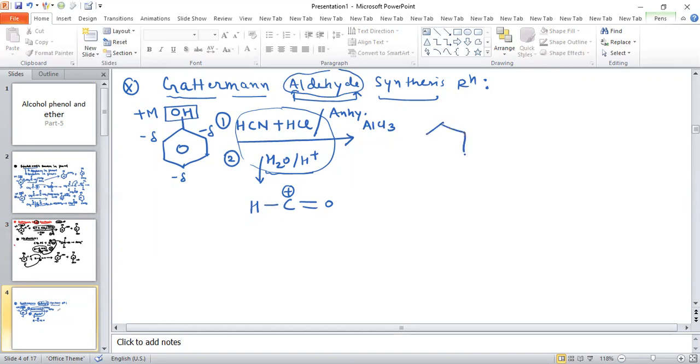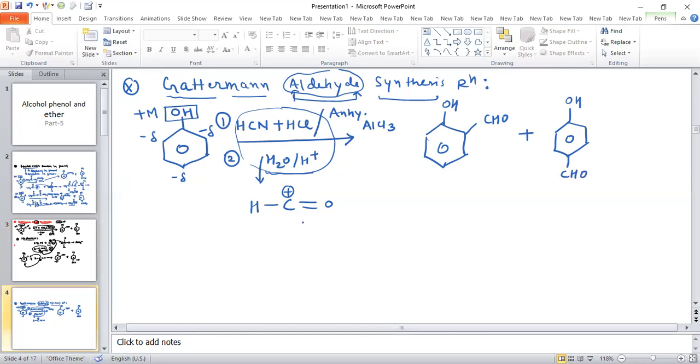So the product obtained: at the ortho position, again an aldehyde group will be introduced, and also at the para position, the aldehyde group will be introduced. So this is basically another method.